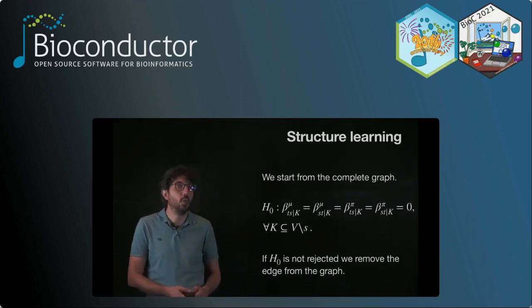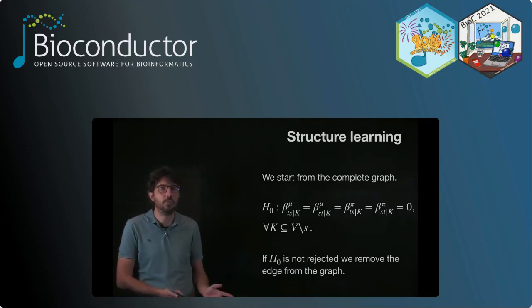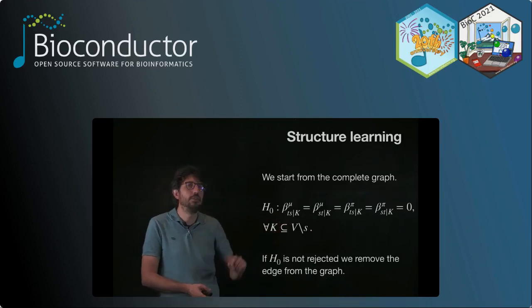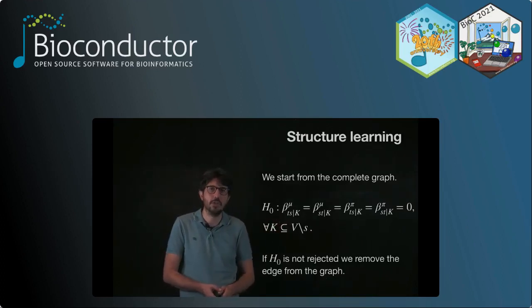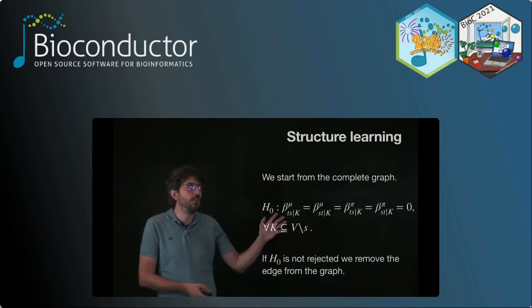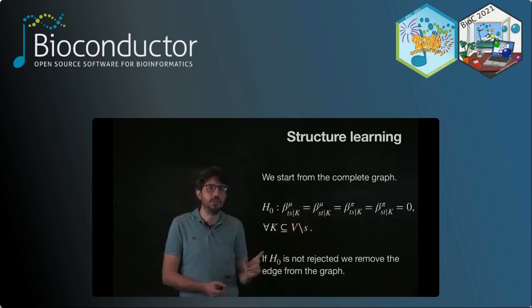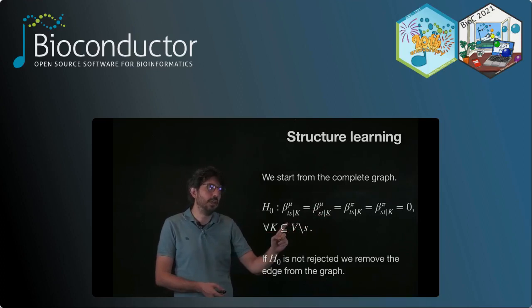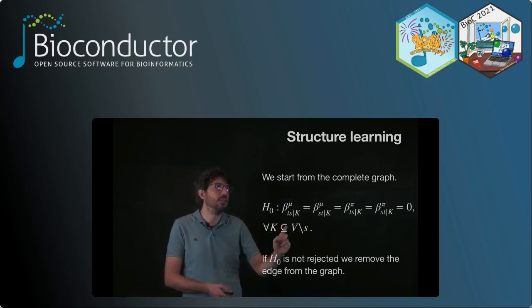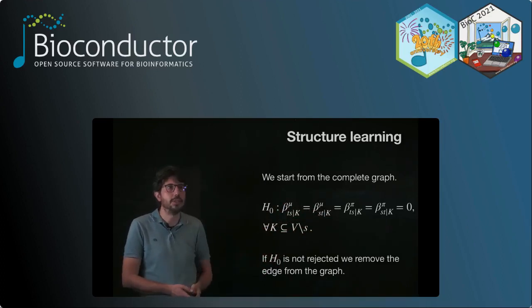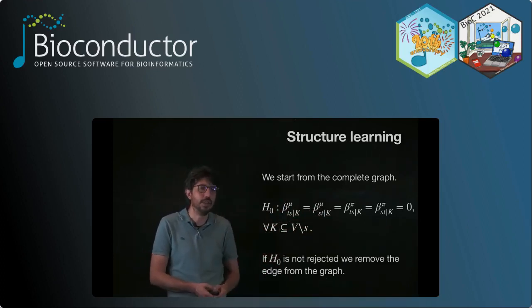One approach is to start with a complete graph, the graph that has all the edges and all the connections among nodes, and take a statistical hypothesis testing approach, in which we define the null hypothesis that all the regression parameters of the 2 regressions, that of S on T and of T on S, are equal to 0 for all the possible subsets of our set of vertices minus the ones that we're testing.